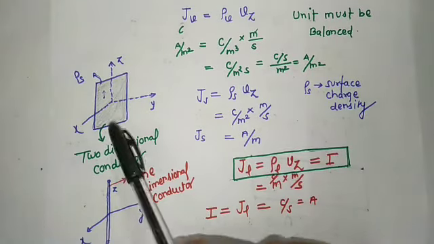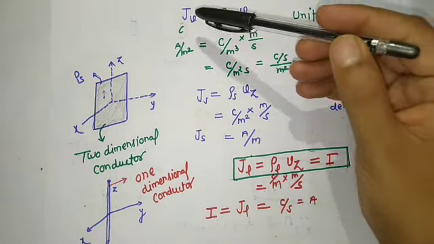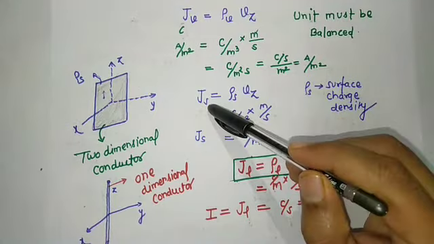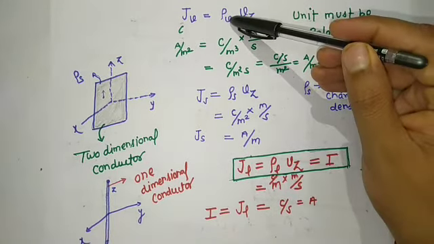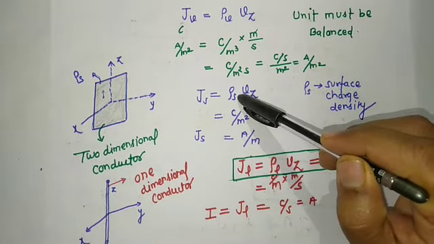Let's consider the two-dimensional conductor. In the two-dimensional conductor, in place of volume current density I should write surface current density, and in place of volume charge density I should write surface charge density.